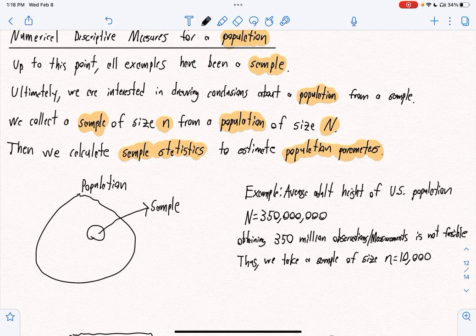So we're interested in the average height for the US population, which includes 350 million people. And so to get an estimate of the true population average, I take a sample. In this case, I'm taking a sample of size 10,000, and I'm going to calculate the sample average to estimate the population average.